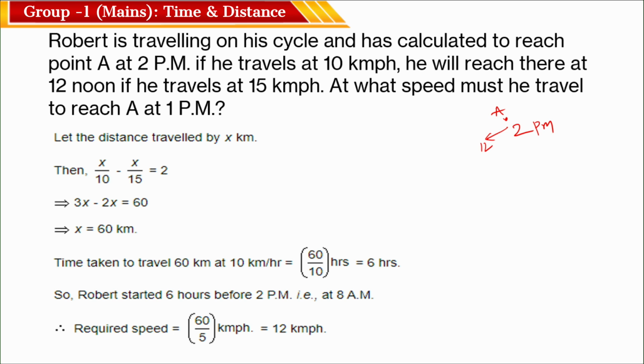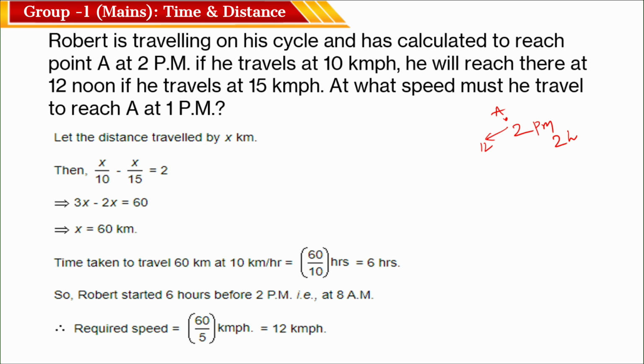Actually, when his speed is 10 kilometers per hour, he reaches point A at 2 p.m. When he increases speed to 15 kilometers per hour, he reaches point A at 12 noon. What is the difference between 12 noon and 2 p.m.? 2 hours, correct? He doesn't know the distance, so you have to calculate how much distance.